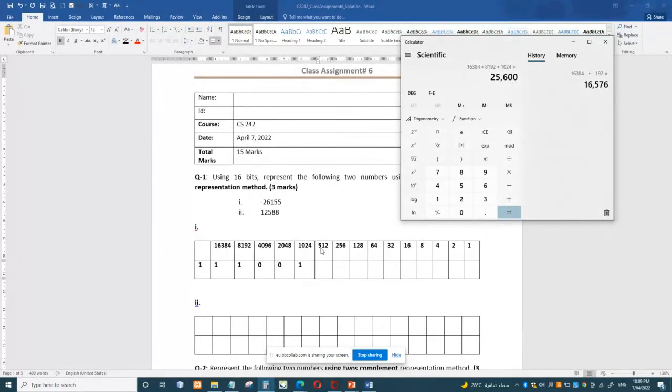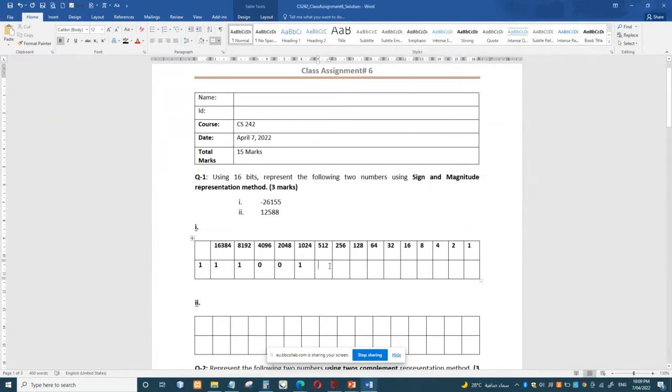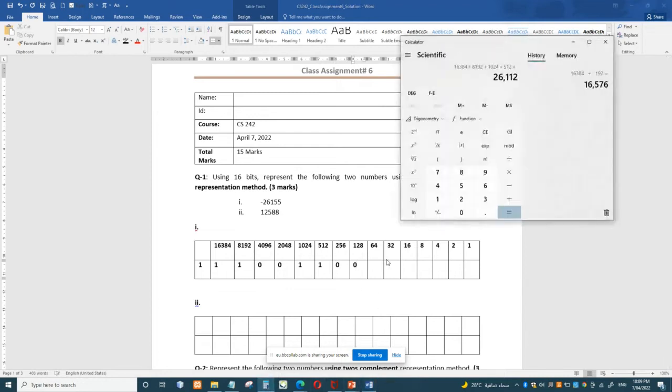I think we can also take 512. If we take 512, it will be 26,112. So we can easily take 1 here. Definitely we cannot take 256. We cannot take 128 because our number is 26,112 already, and this is 26,155.